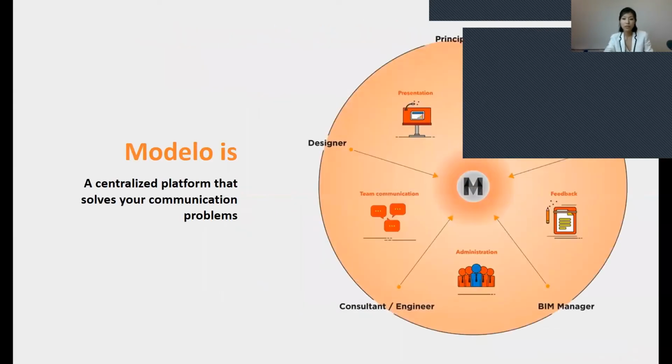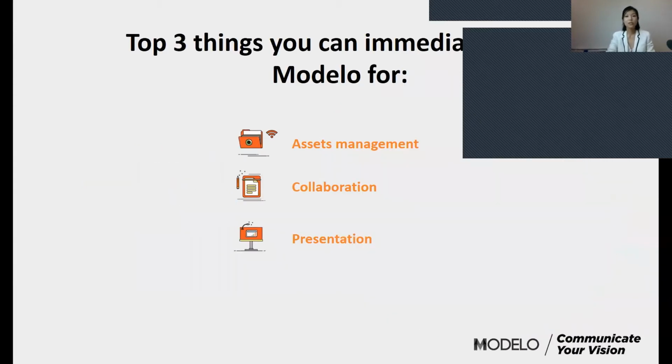That's why the founders of Modelo, when they started this, thought of Modelo as a platform to communicate integrated 3D and 2D information, for all stakeholders in the building cycle. So essentially, Modelo is a centralized platform for your communication and presentation. There are 3 things you can immediately use Modelo for.